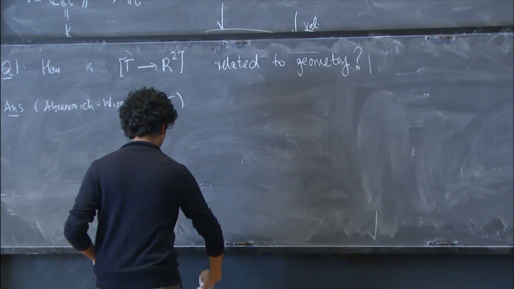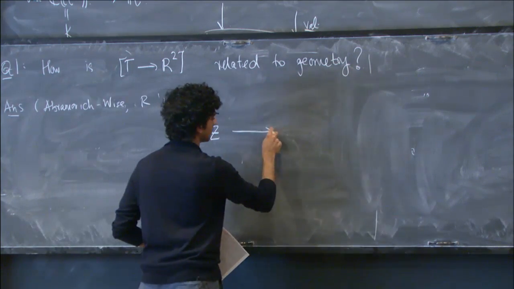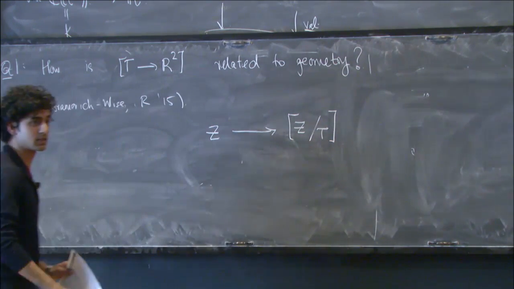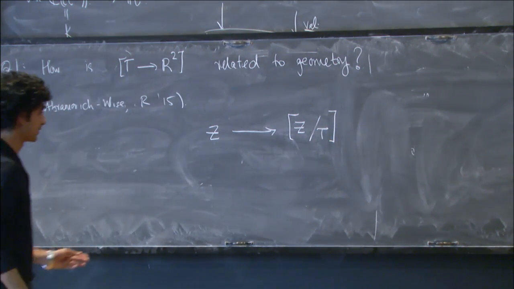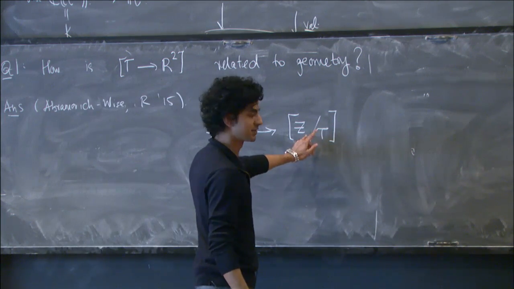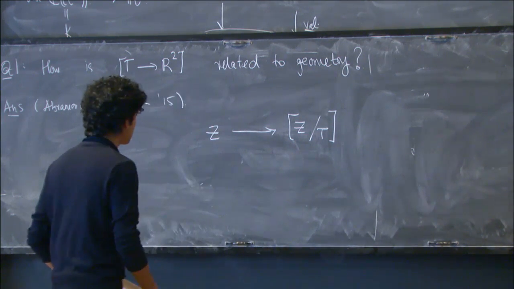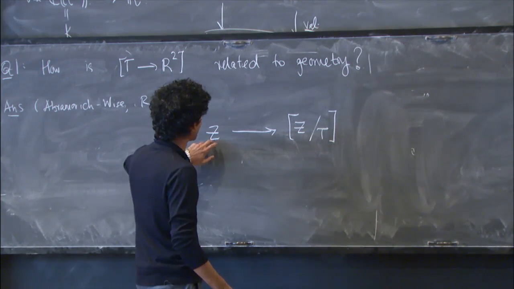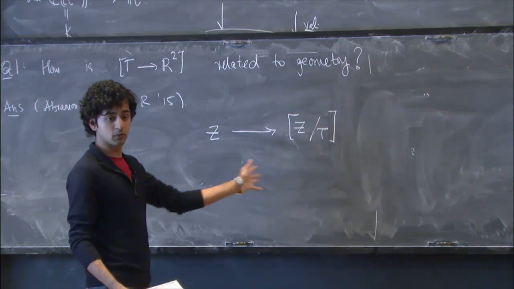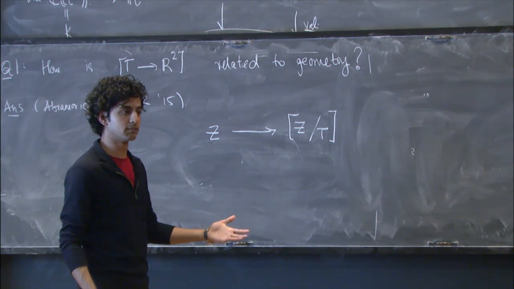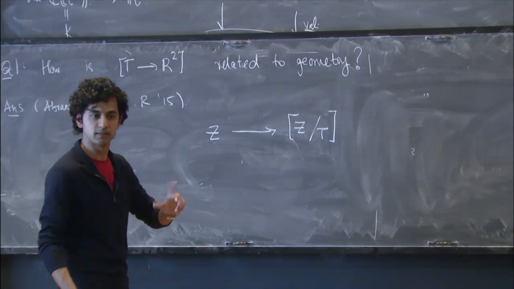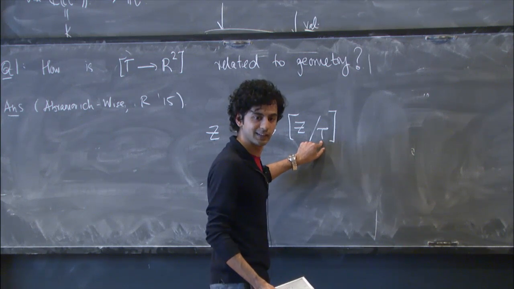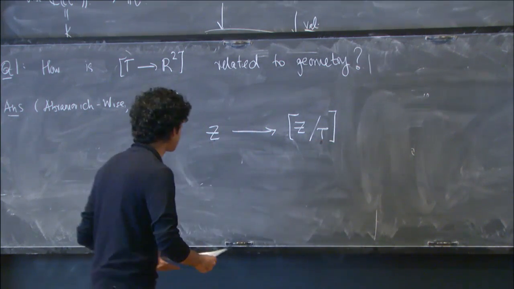So given any toric variety Z, there's an interesting stack that one can construct, which is just Z mod the dense torus. Right? So it's a funny object. It has finitely many points. And so in this audience, what I would say is, one way we construct the map from Z to its moment polytope is by quotienting by the compact S1 to the n inside of it. So I want to do some algebraic version of that. In algebraic geometry, I don't have S1 to the n, and so instead I'll use the whole thing.